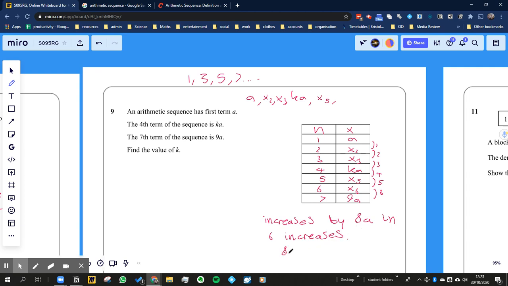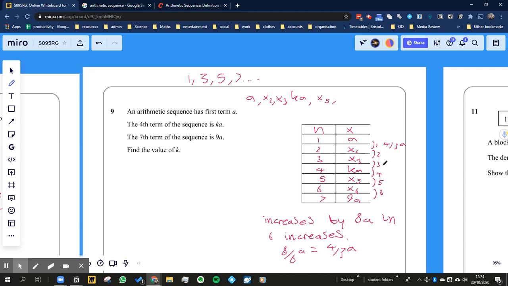So 8 divided by 6a, we can simplify that and say 4/3 a. So these gaps are always going to be 4/3 a. It's an arithmetic sequence, which means we wouldn't be able to do that otherwise. We were making the assumption that it increases by a constant amount.